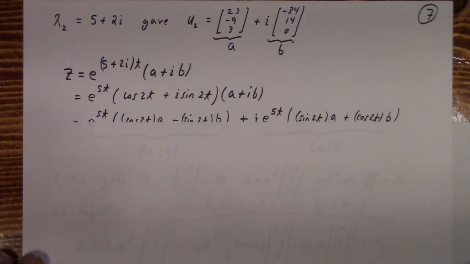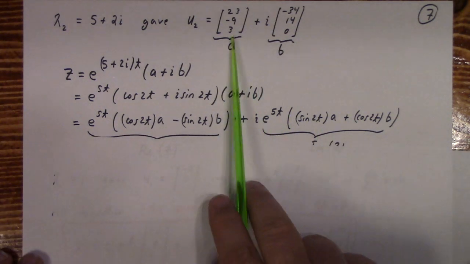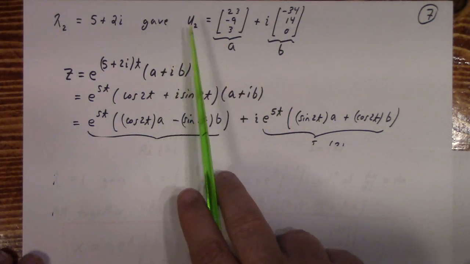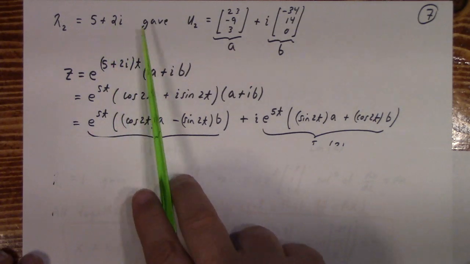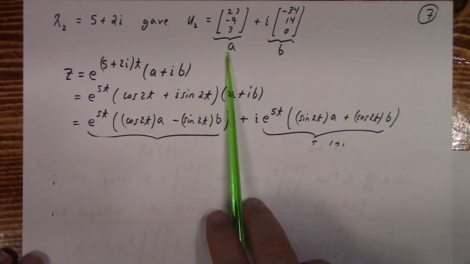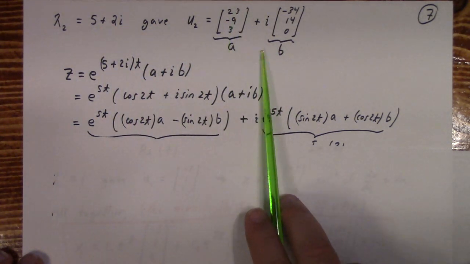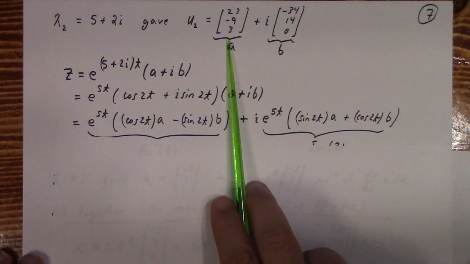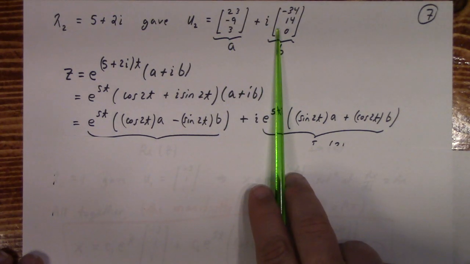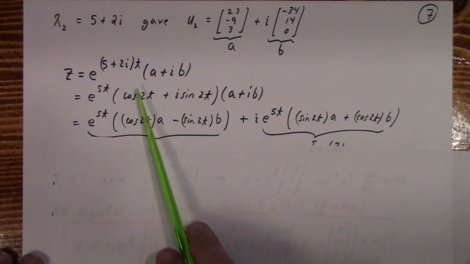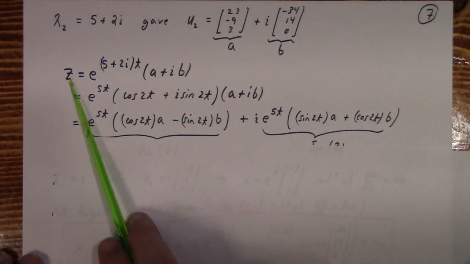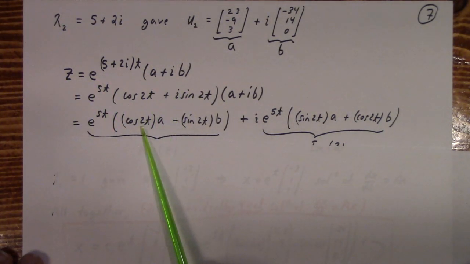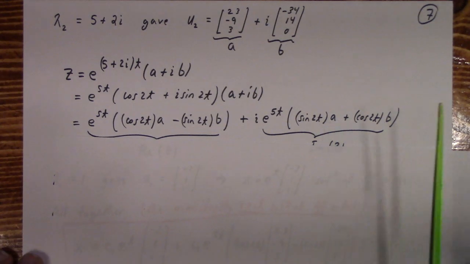All right, but anyway, here we go. This is what we found. For this eigenvalue, 5 plus 2i, we've got u is a plus ib, where this is a and this is b. This is the real part of the eigenvector, that's the imaginary part of the eigenvector. And just like I did today in class, we can take the complex solution and multiply it out and get the real and the imaginary part of the solution.